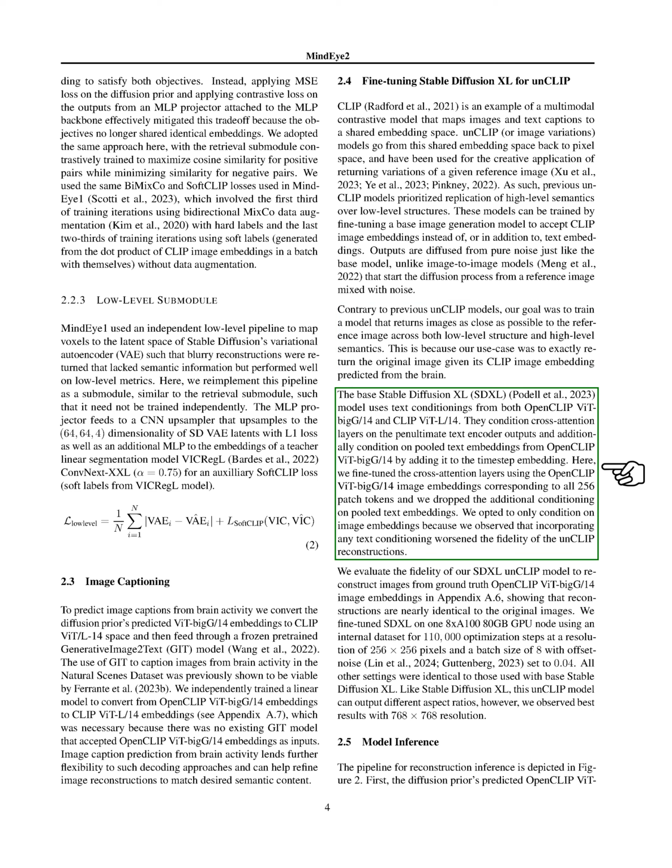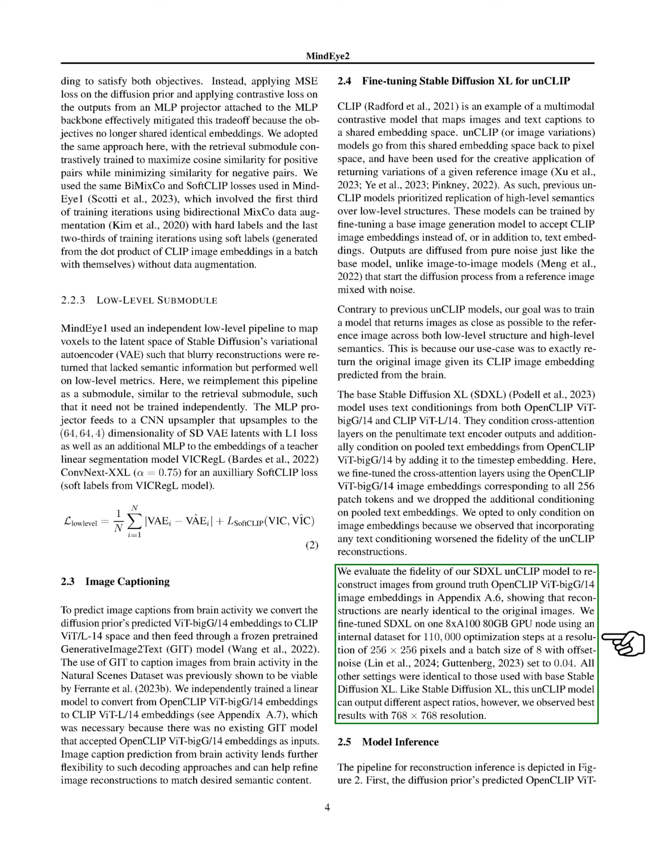To achieve this, we fine-tuned the Stable Diffusion XL (SDXL) model using OpenCLIP ViT-bigG-14 image embeddings. We found that conditioning only on image embeddings, without any text conditioning, improved the fidelity of the reconstructions. Our evaluation in the appendix shows that the reconstructions closely match the original images.